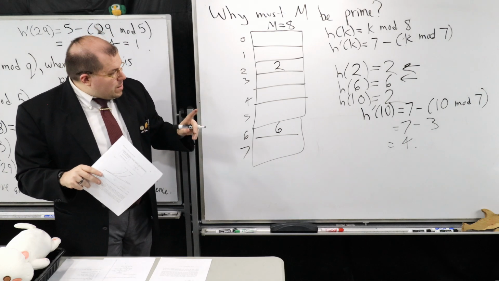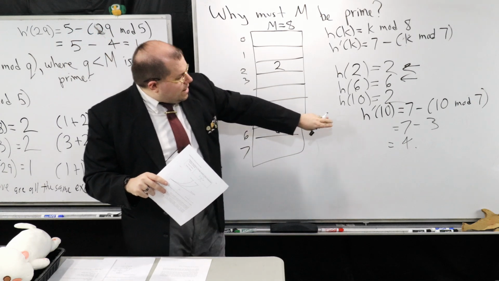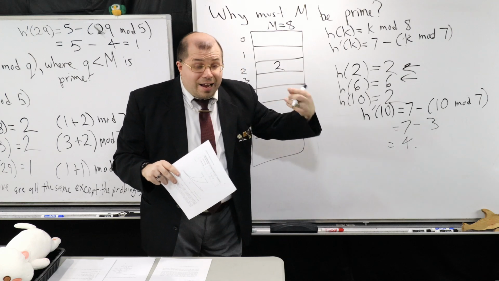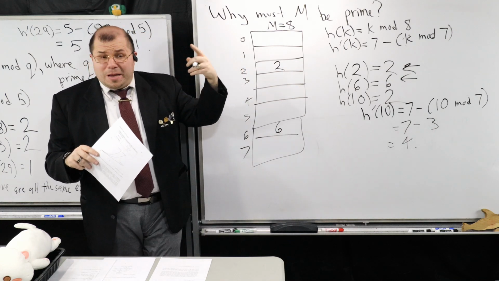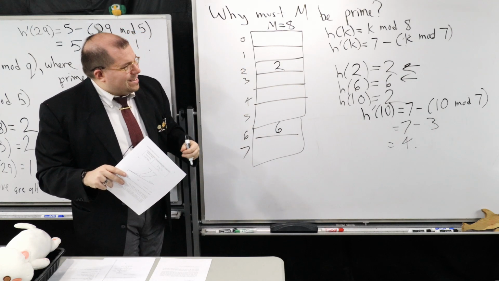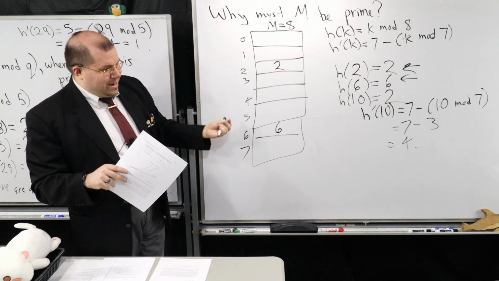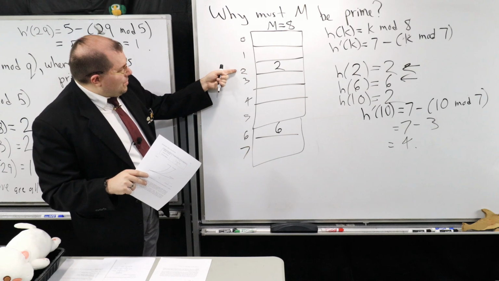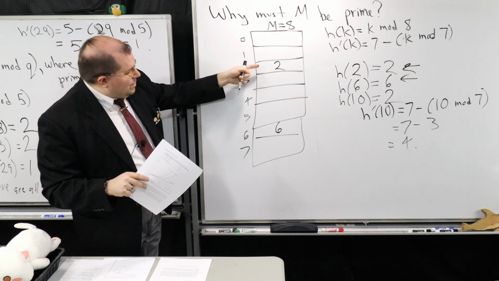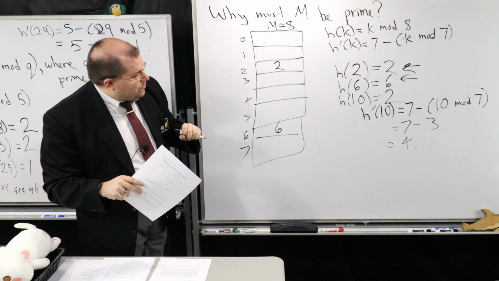Keep in mind that now this secondary hash function operates like the size of my hops. So instead of it just being 1, it's 4 now. That's why we're going up by multiples of the secondary hash function. So notice here I would start off here because that's what h of 10 tells me to do.